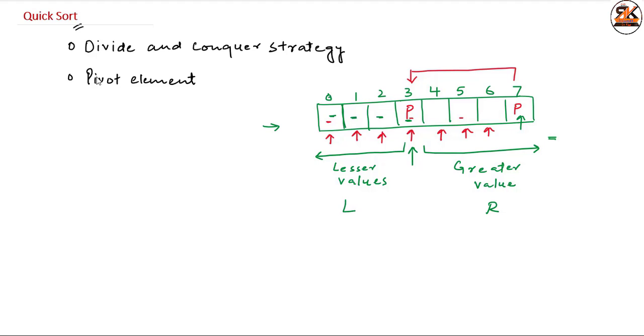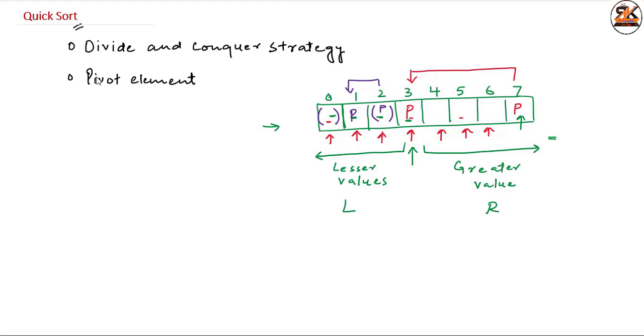Now in this sublist we will choose the pivot element at index 2, because the last element of the left sublist is at index 2, and then by executing the second iteration, this pivot element may be placed here at position 1. So we have another left sublist here and another right sublist.